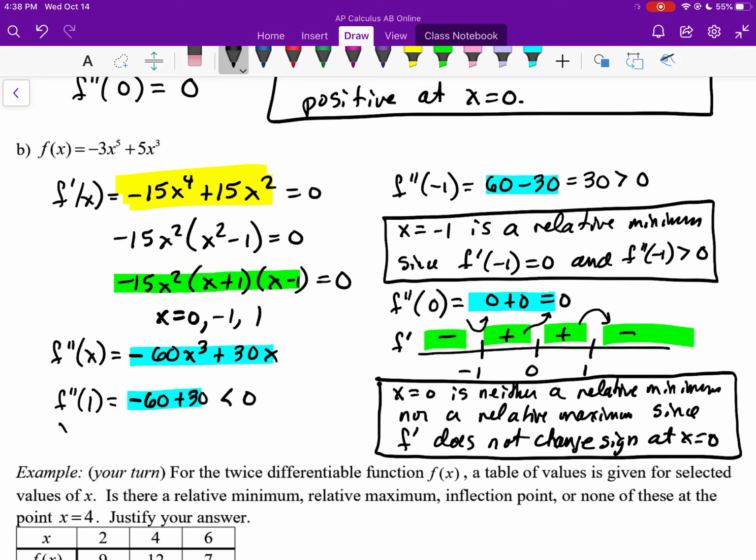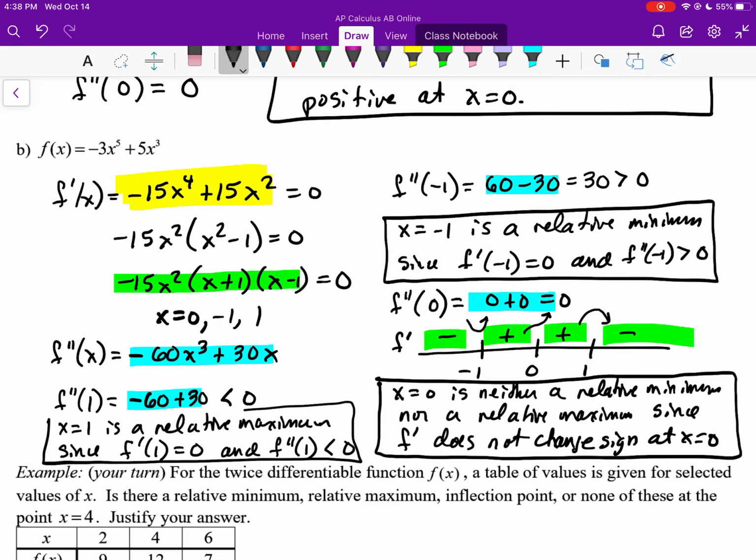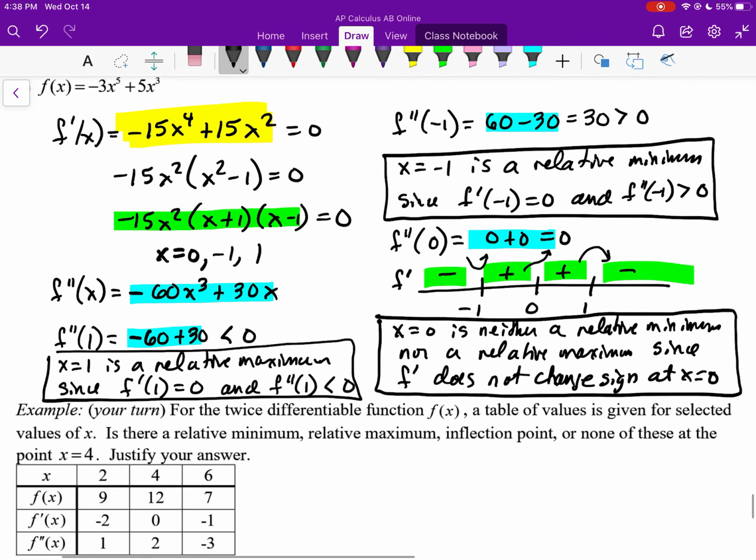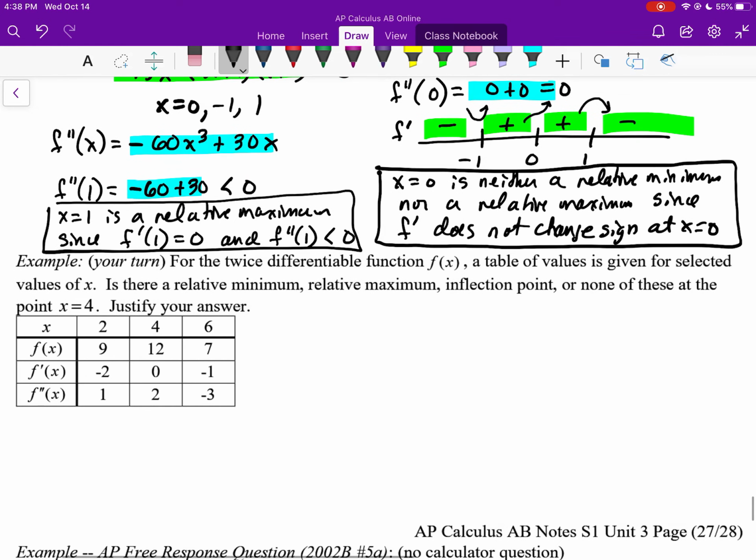And so x is equal to 1 is a relative maximum, since f prime of 1 is equal to 0 and f double prime of 1 is less than 0. That is our reason. Horizontal tangent line curved down. Relative max.